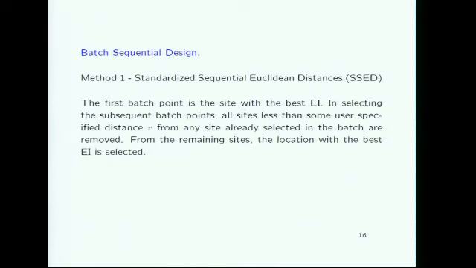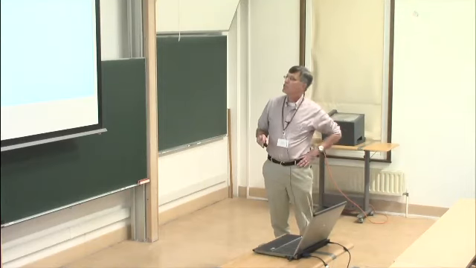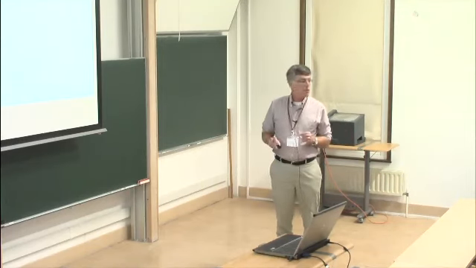So here's one, and my student loves to give names for some reason, so I can't take credit for these. So here's one way. The first point you select in a batch is the site with the best expected improvement. So you're applying the one-at-a-time criteria. In selecting subsequent points, all sites less than some user-specified distance from any site already selected are removed.